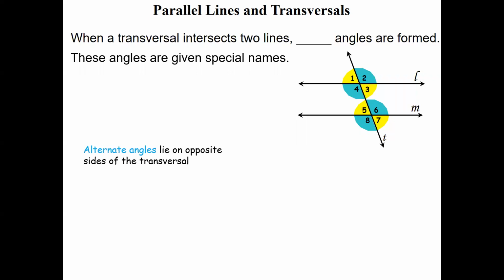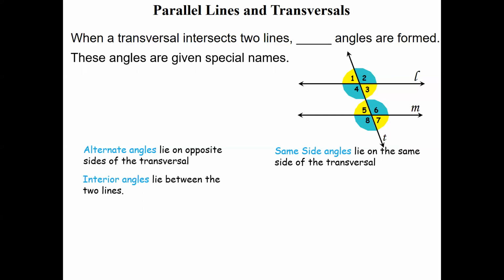So one has to be on the left, one has to be on the right. Angle 4 and angle 6 are on opposite sides of our transversal. Same side angles are on the same side of my transversal. So angle 1 and angle 4 are on the same side of my transversal, so they're same side angles.